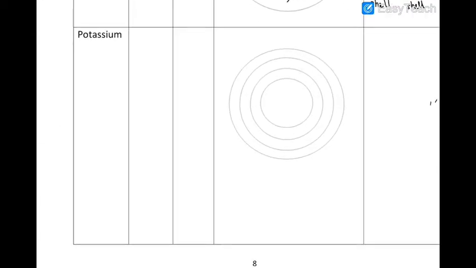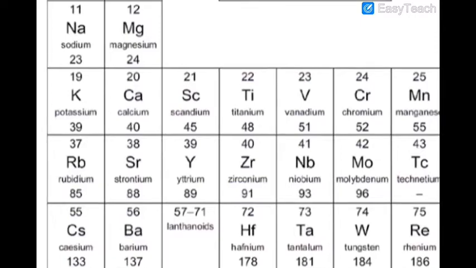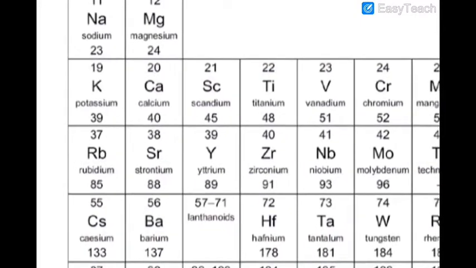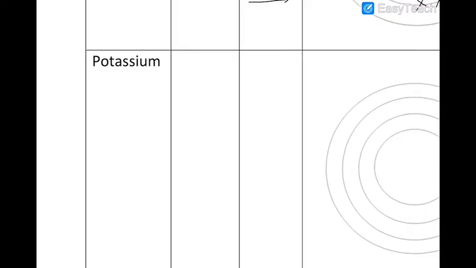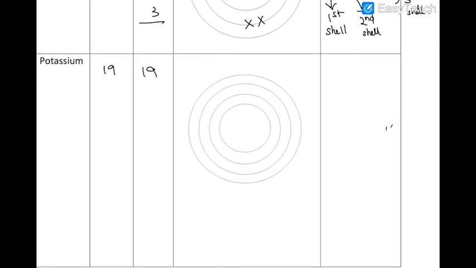Potassium, for this one, you will have to look in the periodic table. So here we have potassium. Potassium has number of protons 19, the smaller number. So the number of electrons will be 19. We'll start by writing the symbol at the center, and then we'll start filling.